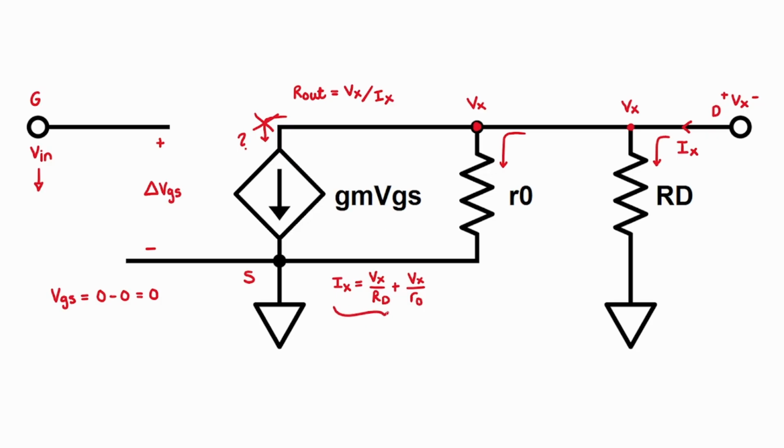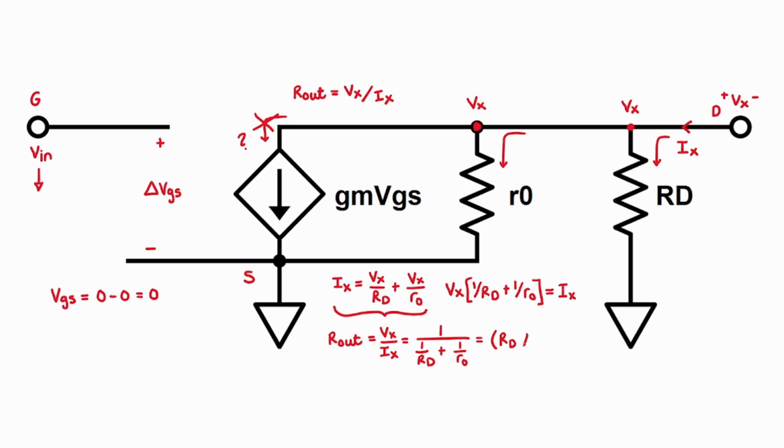with these two terms. We now have our current Ix in terms of Vx, and we can solve for Vx over Ix. After some algebra, our final value for Rout is just 1 over RD plus 1 over RO.